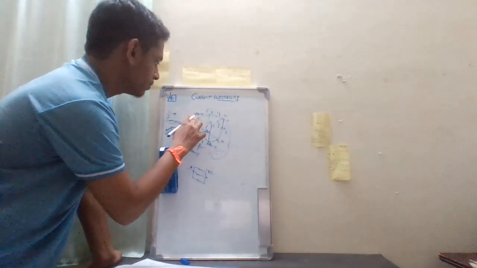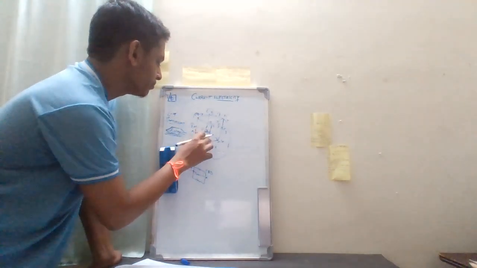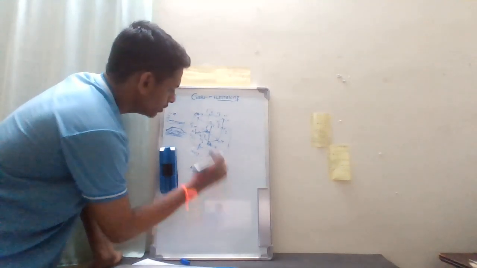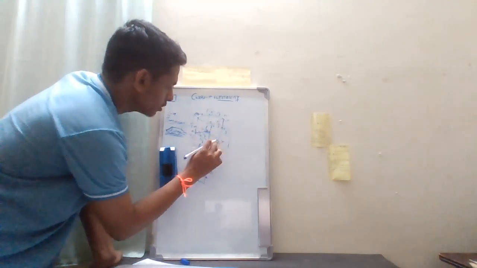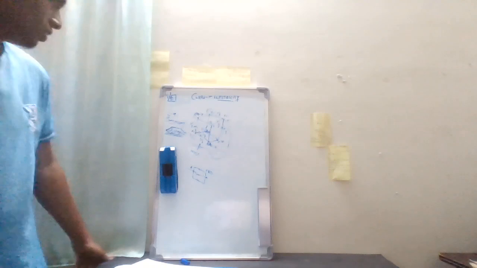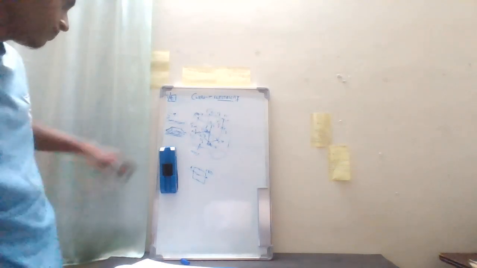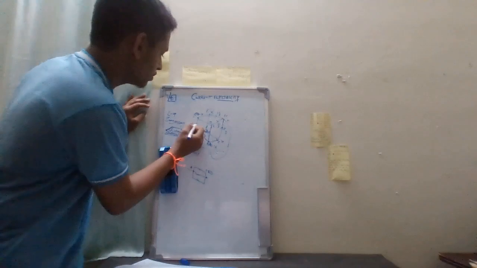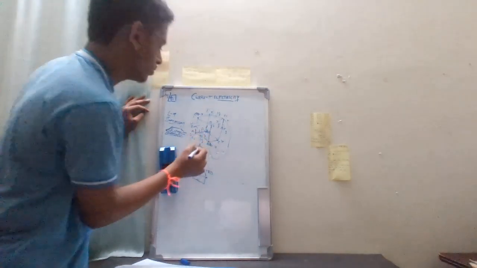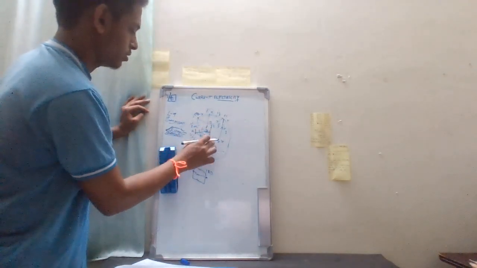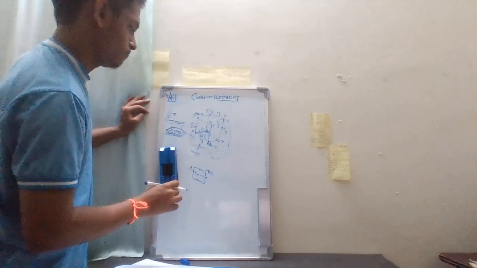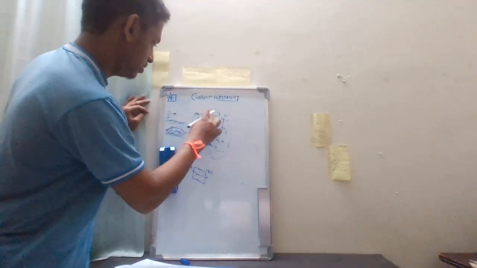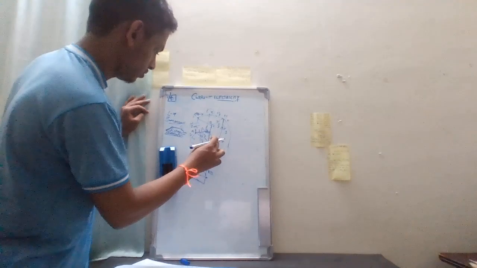Then FBD are connected to E, G, and C. Is that right? This one is over. This one is over. This one is over. This, and this. So FBD is over. E, G.